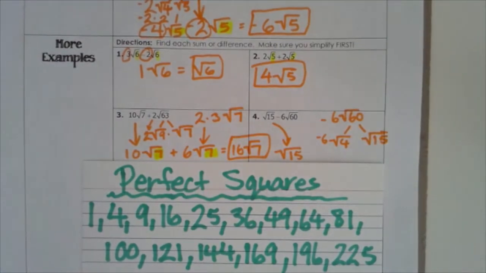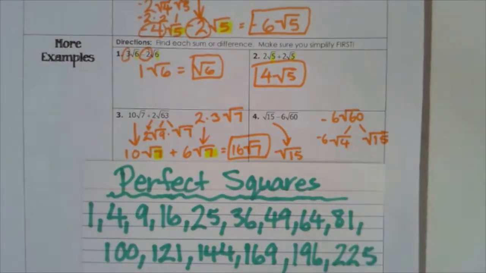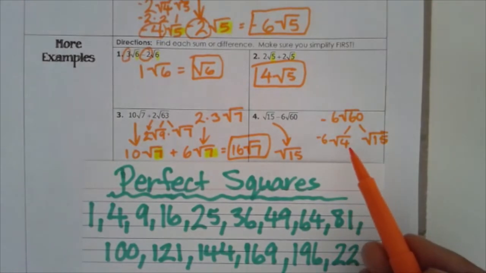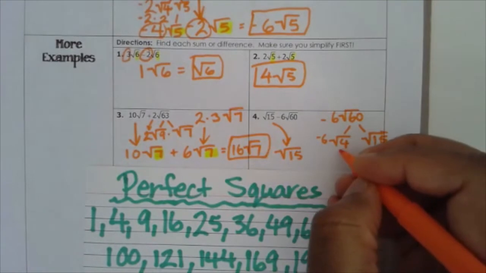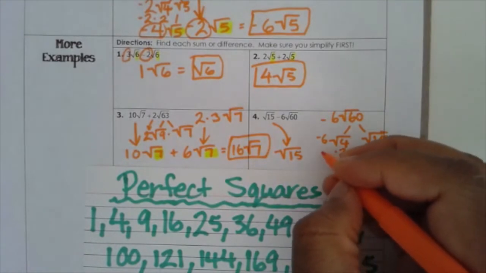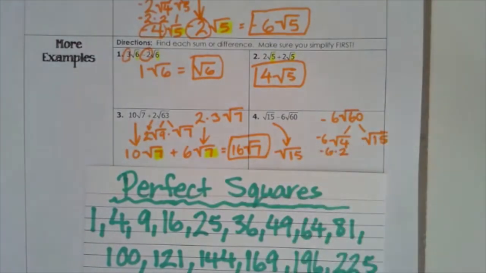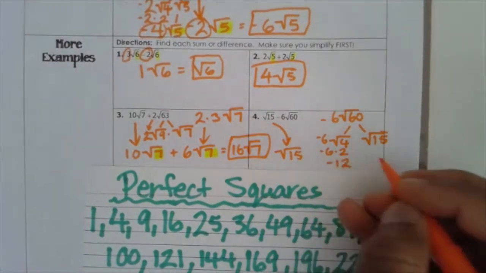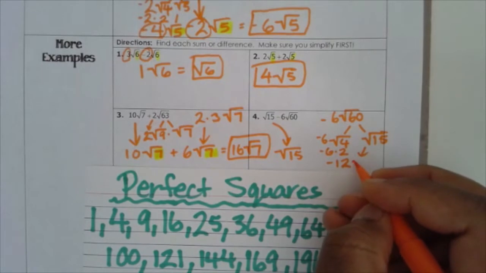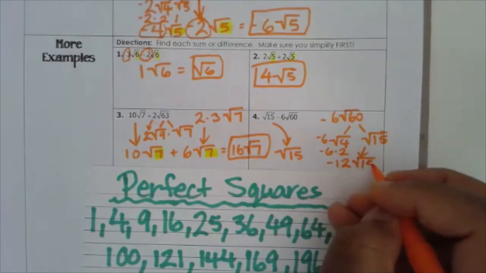Now, I can simplify this a little bit further here. So the square root of 4 is just going to be a 2. And I'm going to take that 2 and then, of course, times it by the negative 6 that's on the outside, leaving me with a negative 12. I can also bring that down over here, square root of 15.